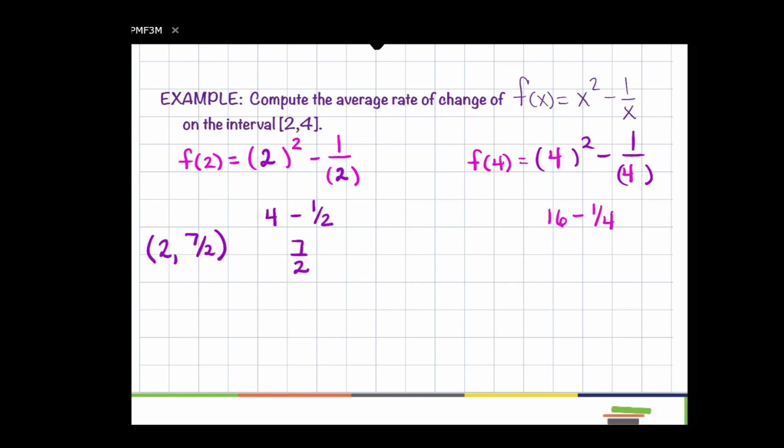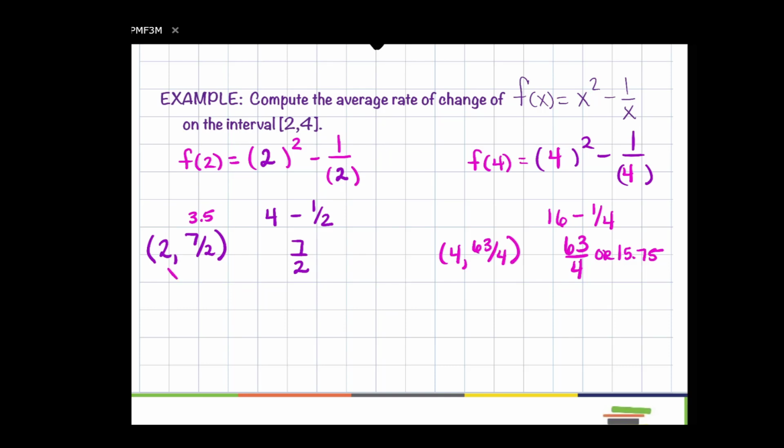And 16 minus 1/4 is 63/4, which is the same as 15.75. So it's up to you. For this one, you can write 3.5, and for this one, you can write 15.75. I'm okay either way. For the second one, this is the point 4 and then 63/4.